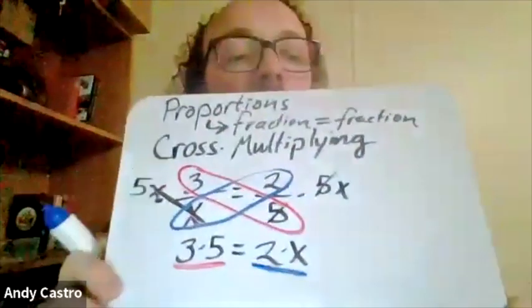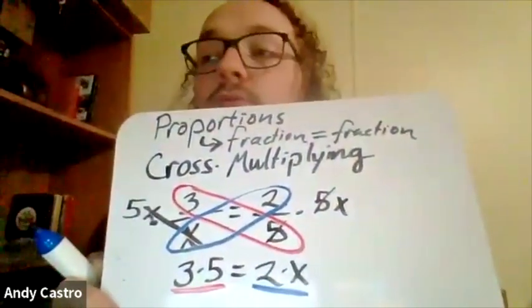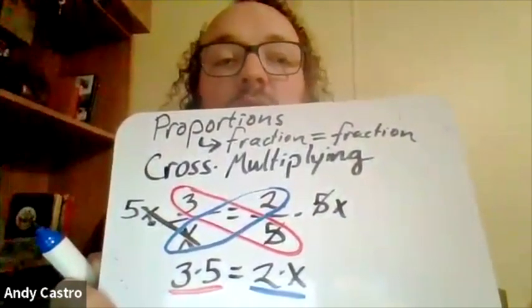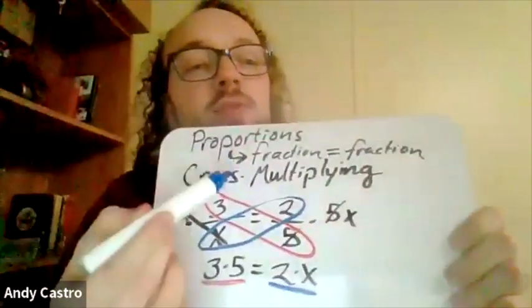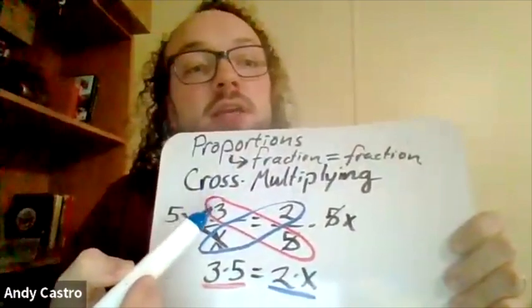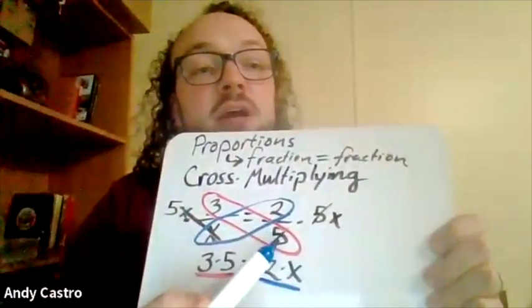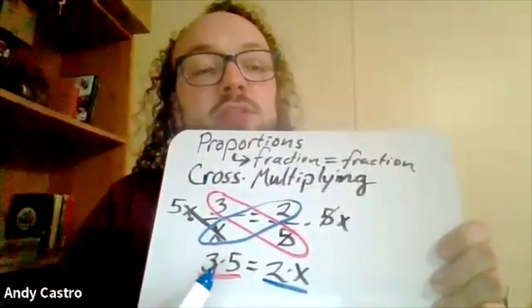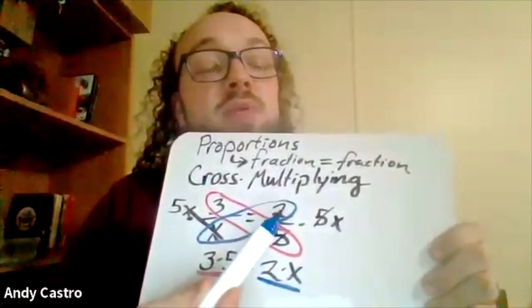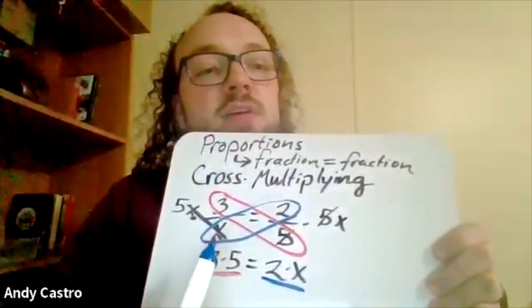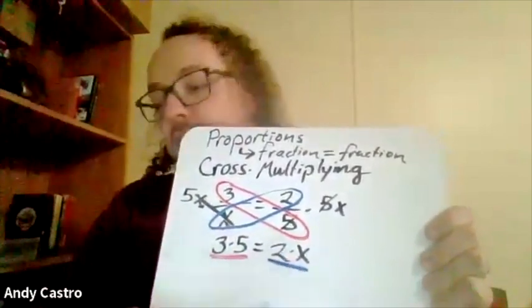So when we have a problem like this, we can do cross multiplication, cross multiplying, which is where we take whatever's in the top left and we can multiply it by whatever's in the bottom right, and that'll give us one side of the equation. And we could take whatever's in the top right, multiply it by the bottom left, and that will give us the other side of the equation.